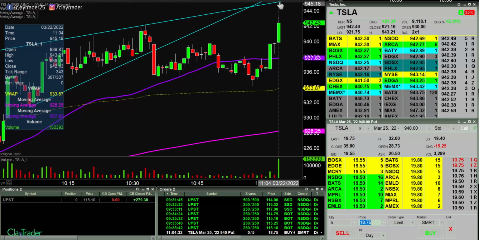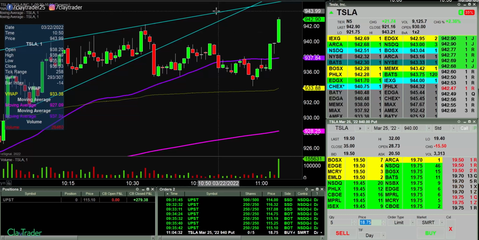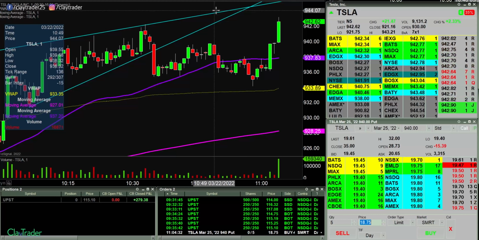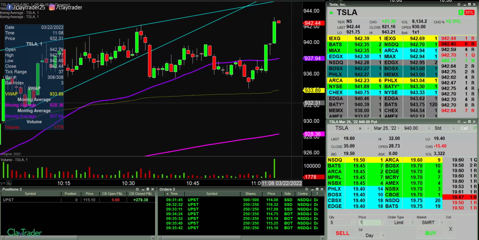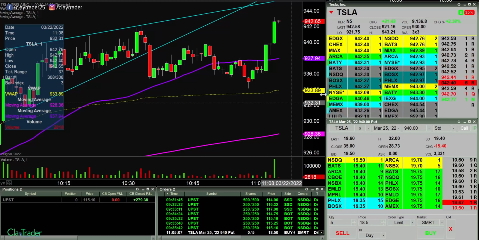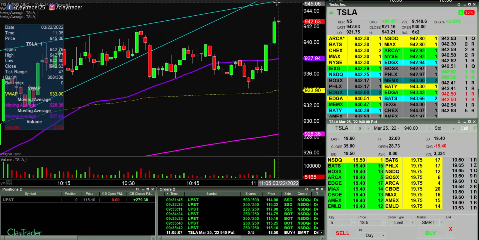Maybe might have to adjust it down to 18.50. I'll have to see where the price of the options are if the price gets up to this 9.44 mark. Yeah, now that I'm seeing more, 18.50. There we go. Yeah, I'm looking for this up around the 9.45 mark is where I would be interested.